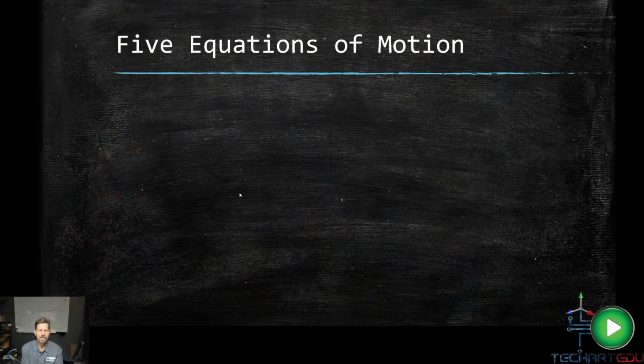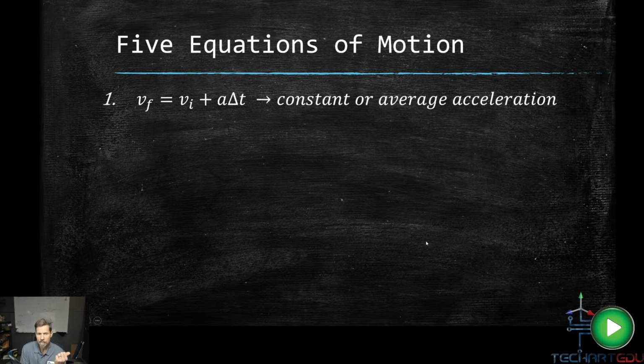I'm just reviewing this because I myself forget, and I like to keep track of everything. There are 5 basic equations of motion that you need to keep track of. The first one is that the final velocity equals the initial velocity plus the acceleration times the time. That gives you the constant acceleration.